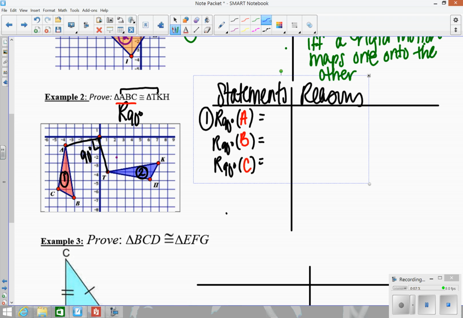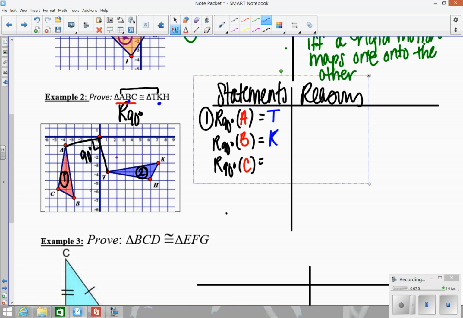When I rotate A, it's going to T, so the output is T. If the input's B, the output when I turn that 90 degrees is going to be over here at K. So again, look at that 90-degree angle. And you can also look over here. B's in the middle, so K is the one that it has to correspond to.